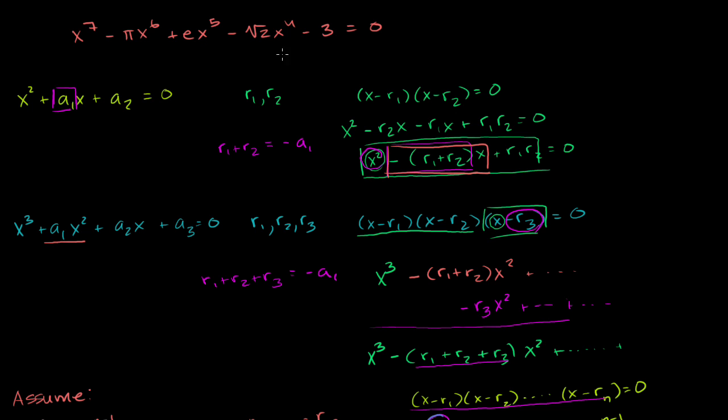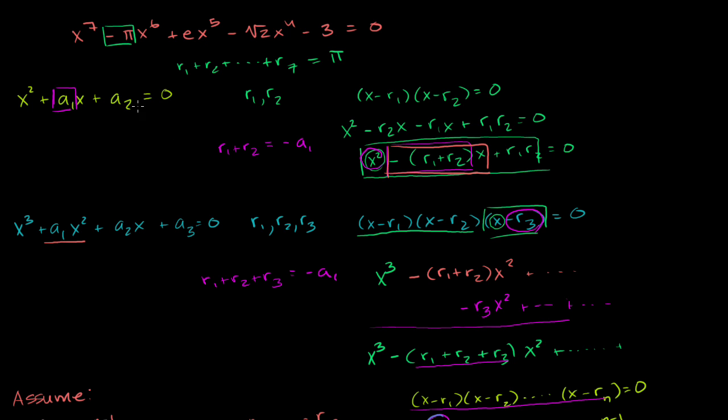If someone were to give you this polynomial, and they were to say, what do the 7 roots of this polynomial add up to? You say, oh, well, the sum of these roots is going to be the negative of this coefficient right over here. So r1 plus r2 plus all the way to r7, all 7 roots are going to add up to the negative of this coefficient. They're going to be equal to pi.